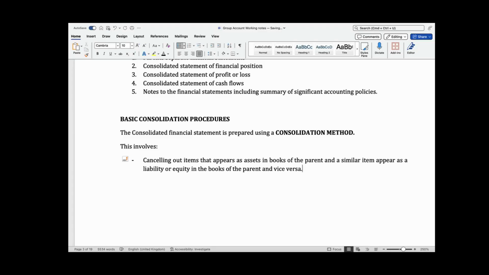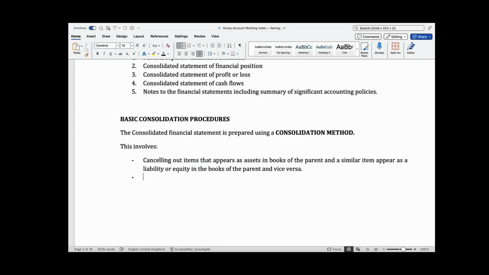So consolidation involves, you just want to ensure you cancel out items that appear as assets in the books of the parent and the same item appears as a liability or equity in the books of the parent. You cancel them out.